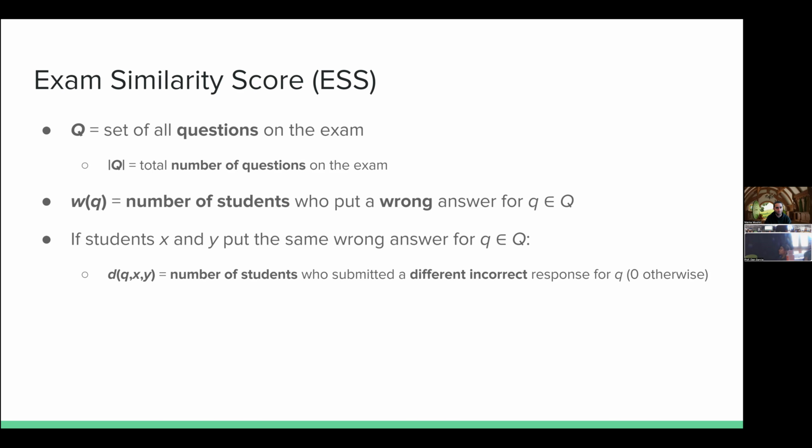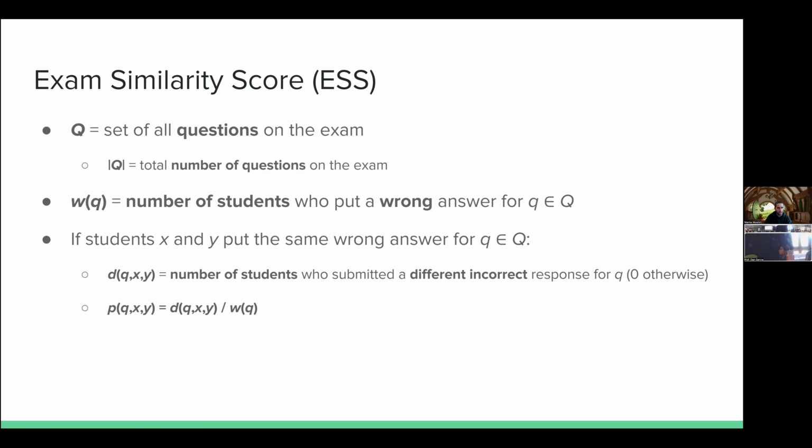So let this value be 0 if either X or Y got the question right. Let this value be 0 if X and Y both got it wrong but put different wrong answers. So it's only non-zero if X and Y put the exact same wrong answer, in which case it's the number of students who put a different wrong answer.